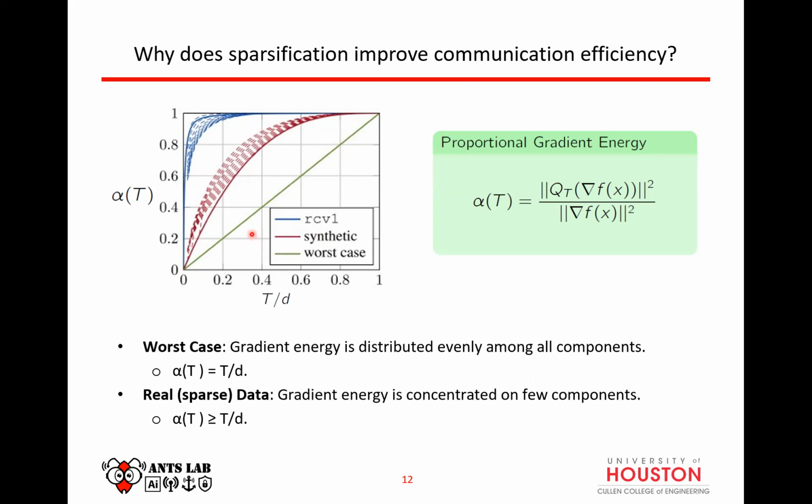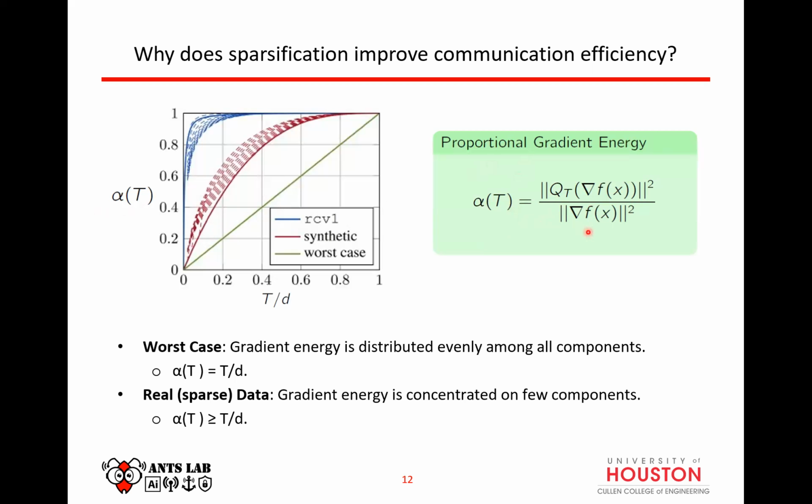So they consider these three cases and show this plot, where T is your sparsity budget. We see that for T over D, the worst-case scenario shows no improvement at all. And alpha_T is a new metric that they define. They call it the proportional gradient energy, which is defined as the norm of your sparsified gradient over the norm of your gradient.